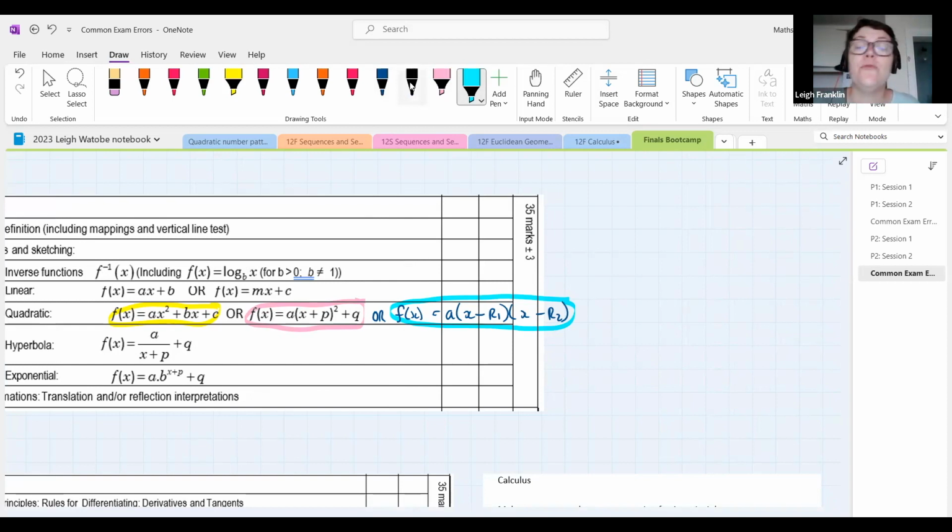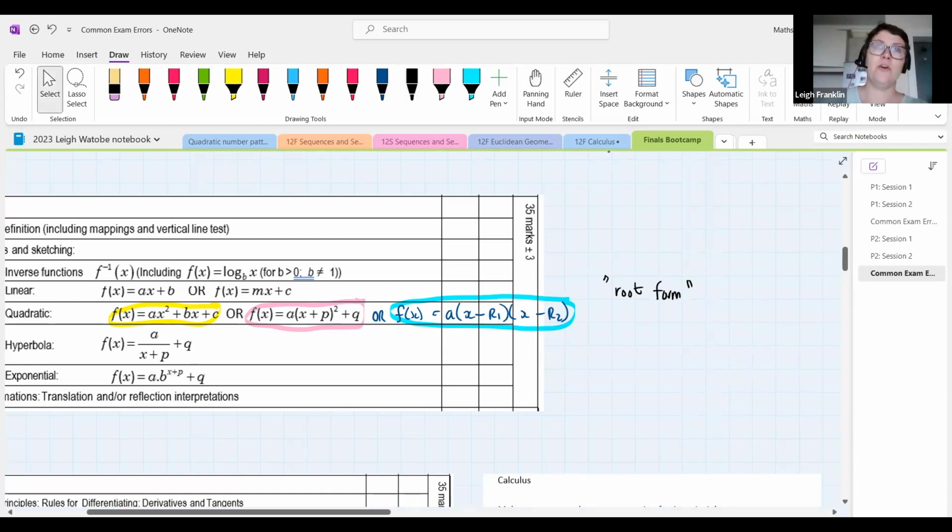I myself refer to it as root form, but that isn't its official name. So often what students struggle with, another common exam error, is knowing which one of these to use in what particular situation. So I just wanted to talk a little bit about that.